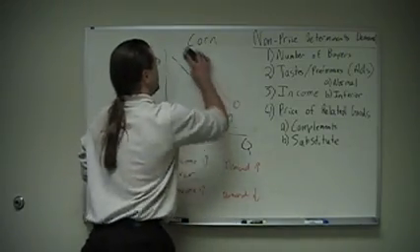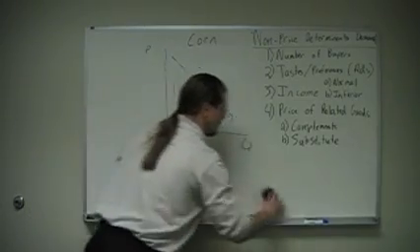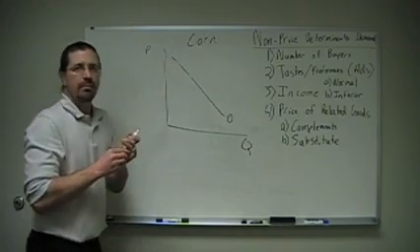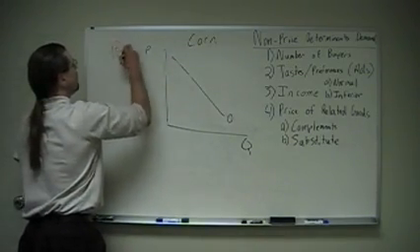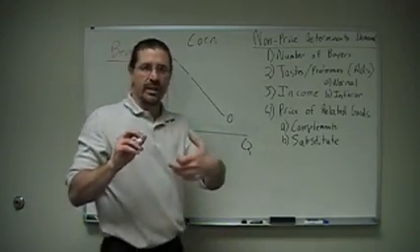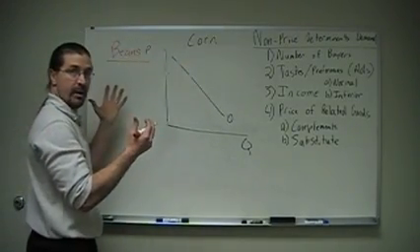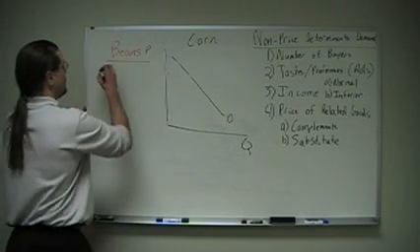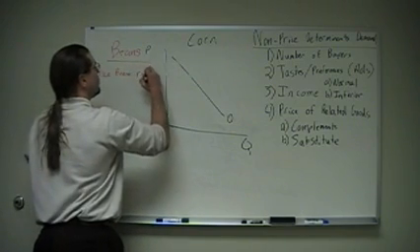All right. Now, the last thing that we want to talk about as a non-price determinant are prices of related goods. So think of another good that's related to corn. Let's say something like beans. All right? Now, you are an economist measuring the corn market. All you care about is the corn market. And normally, ceteris paribus, that means you're keeping beans prices fixed. Now we release that and we say the price of beans rises.